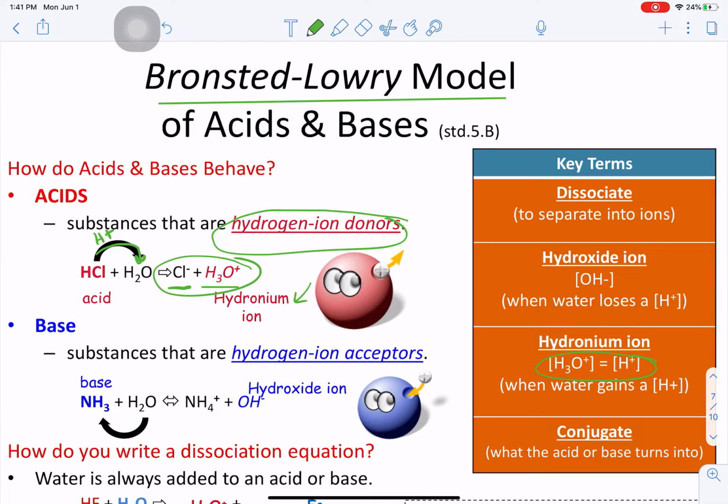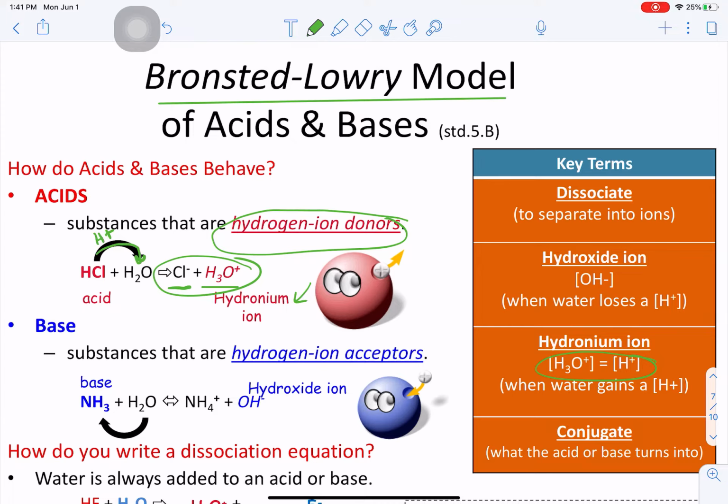If you see a high concentration of H plus in solution, or a high concentration of H3O plus in solution, that means it's acidic. We're just showing in this chemical reaction that the H plus is being donated to that water.